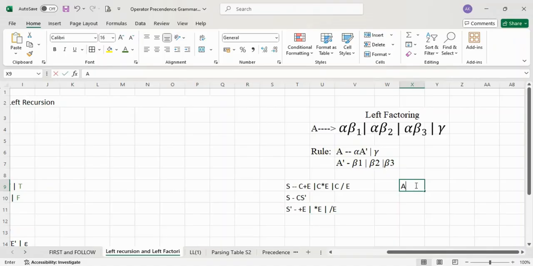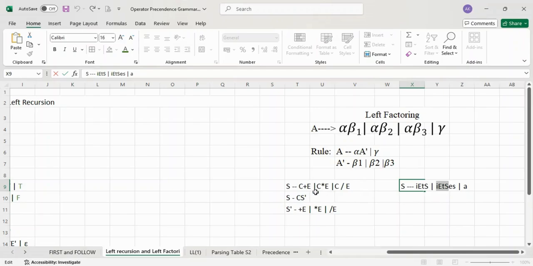Say it is S giving me IETS, or IETS ES, and I have A. Now, where is left factoring? If you observe, IETS is a symbol or symbols repeated here.